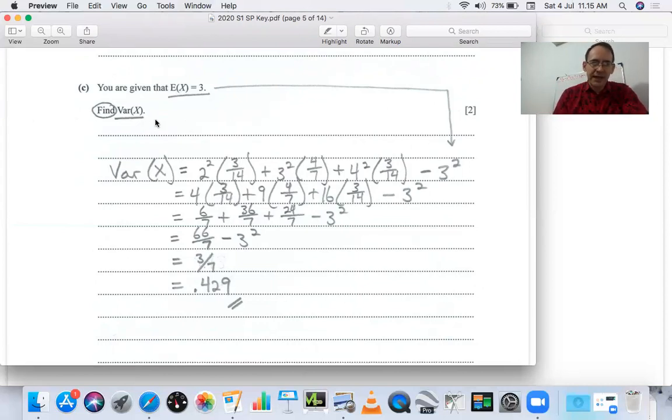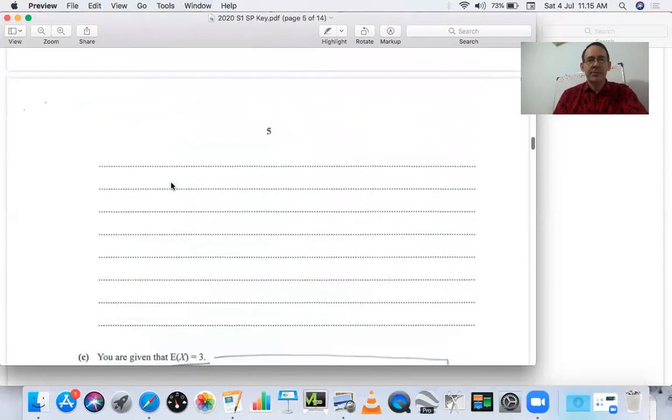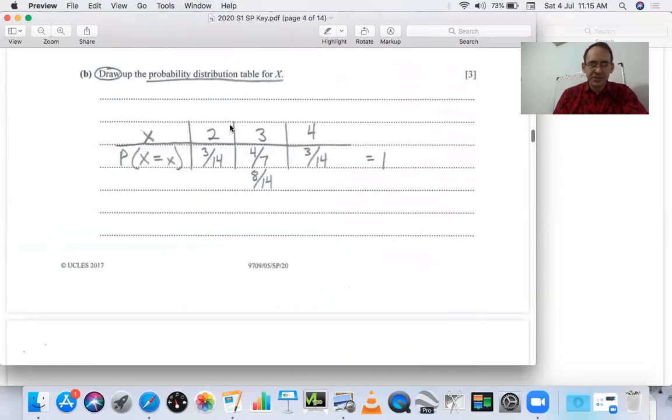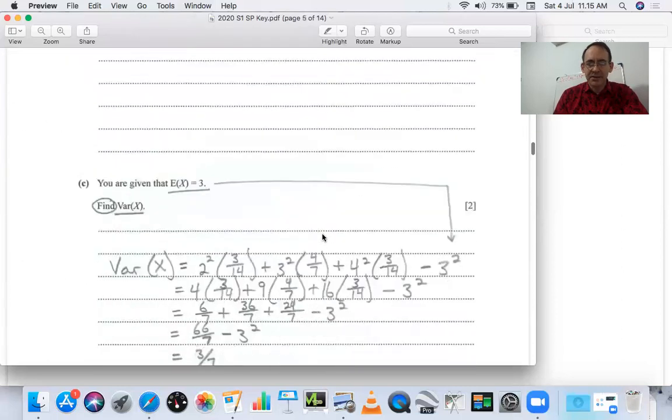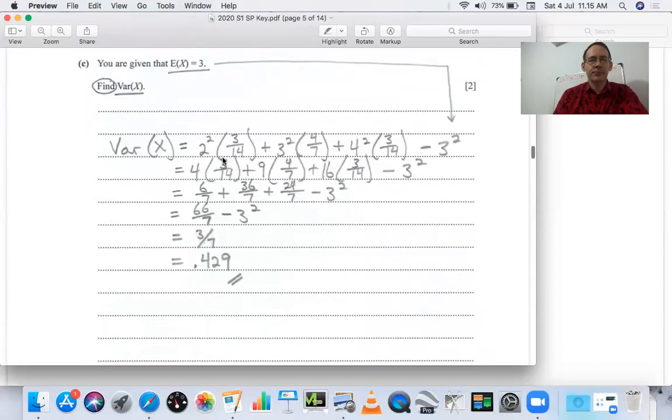And they want you to find var X. So remember, from a probability distribution table, you square the X values and you multiply it by each of their probabilities. You add them up and you subtract the mean squared. So here's 2 squared times 3/14 plus 3 squared times 4/7, that was the reduced value, plus 4 squared times 3/14.